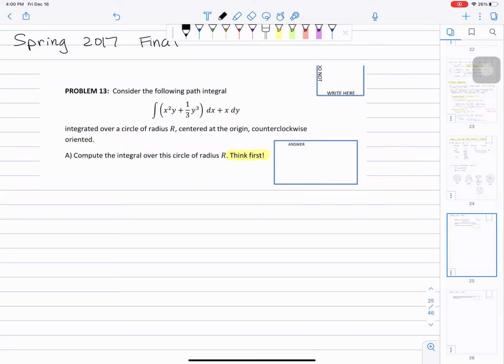What about, can we use Green's theorem? Well, we can use Green's theorem if our curve is closed. And we do have a closed curve. They say it is a circle of radius r. It is closed.